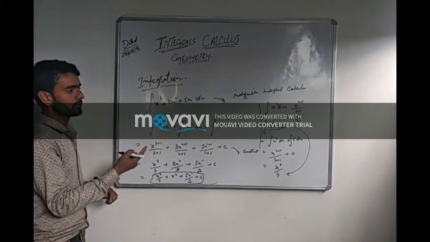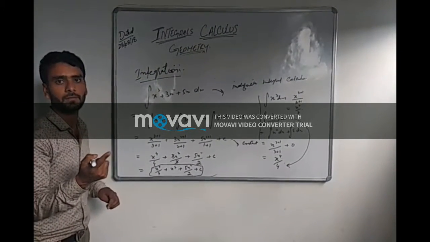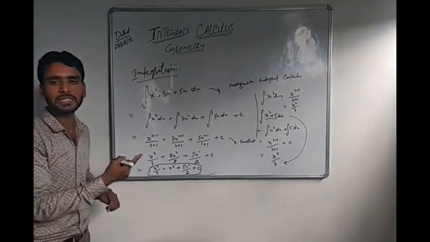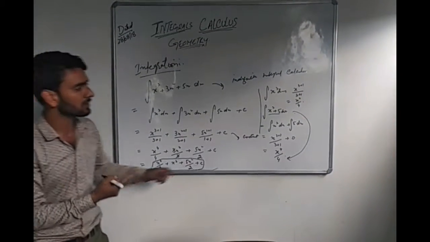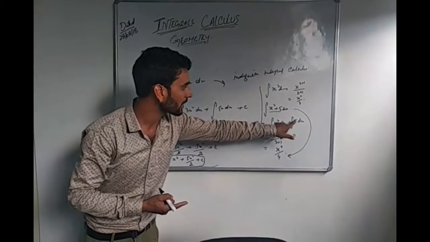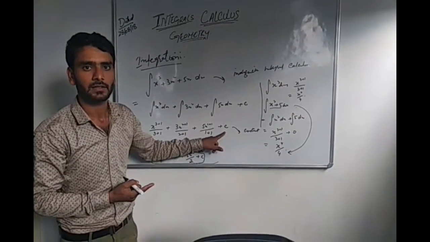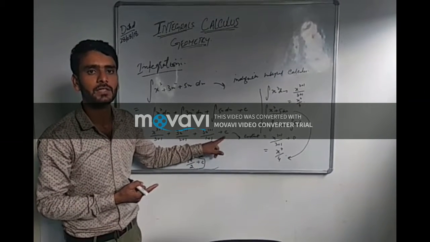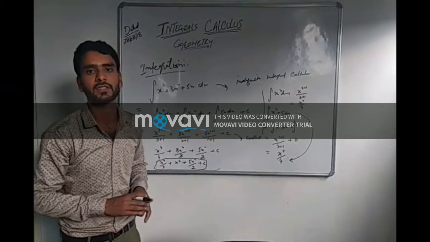You will lose points or marks when you solve the integration and do not write the dx or c. That means you have not solved the equation with the proper procedure of integration.